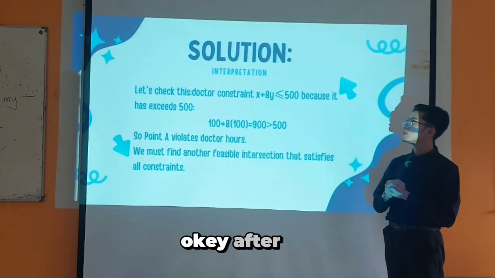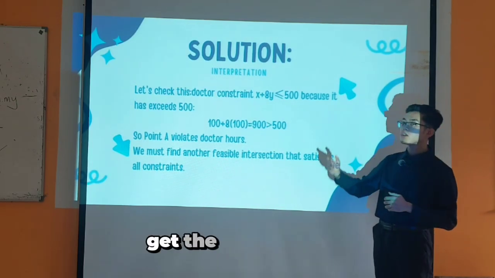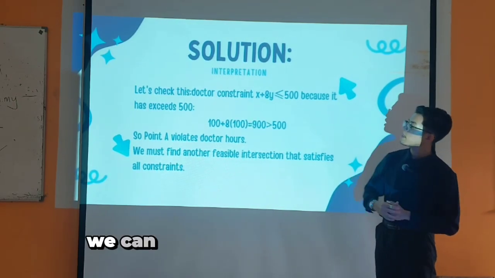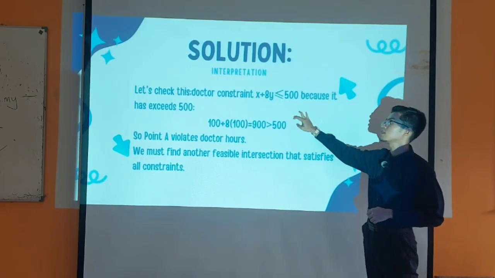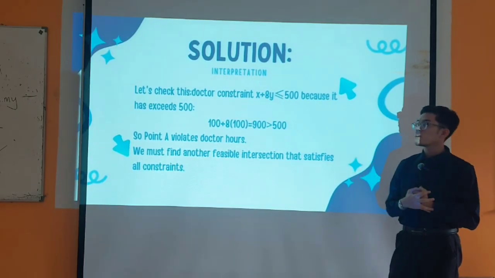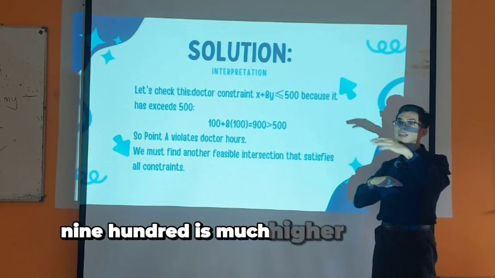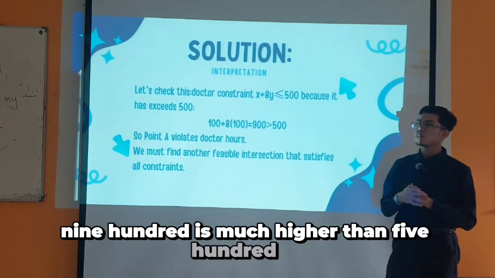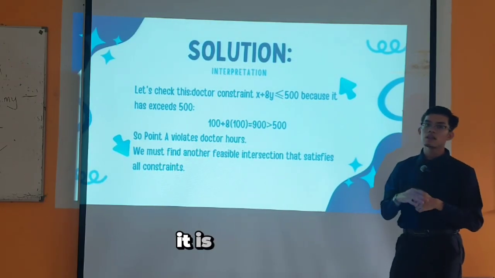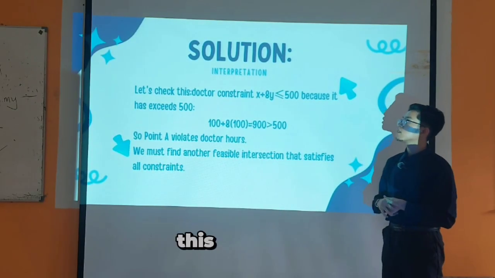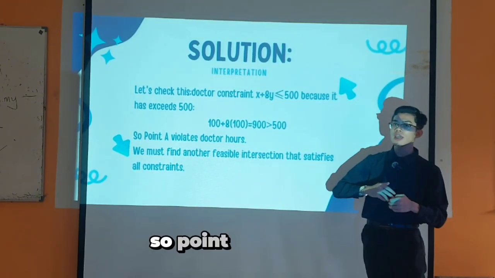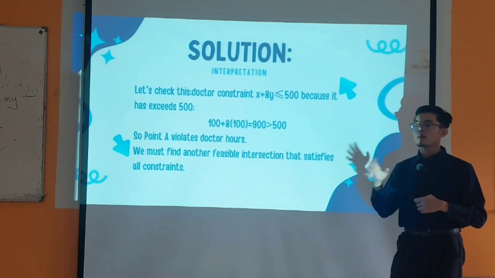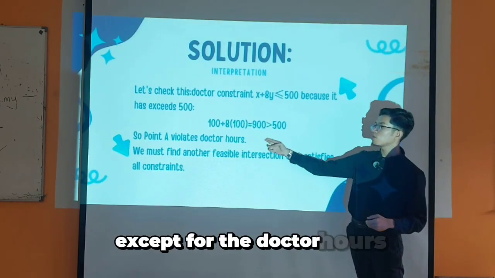Okay, after we get the doctor hours, we can see that the doctor hours exceed 500. This is because 900 is much higher than 500. So it does not satisfy this constraint. So it is violated. So point A satisfies all except for the doctor hours.